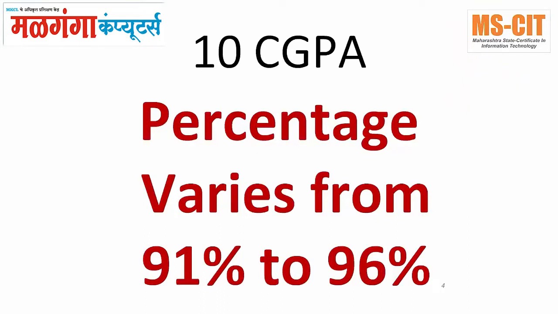Every student's target is to secure 10 CGPA. How does the board calculate that CGPA? You need not bother about it. The board will take care of that. But 10 CGPA doesn't mean your score is 100%.